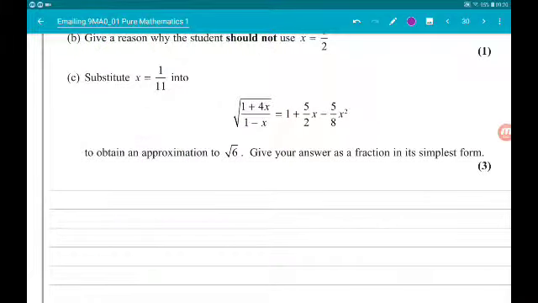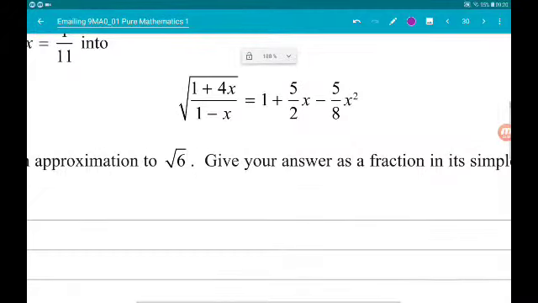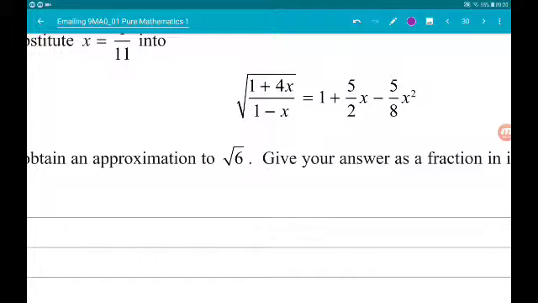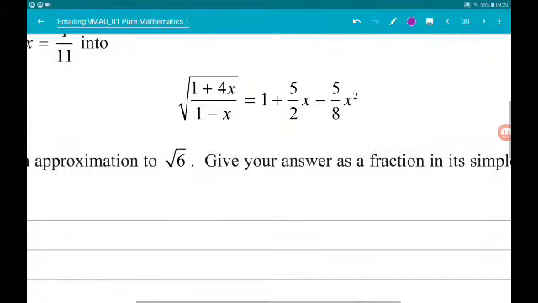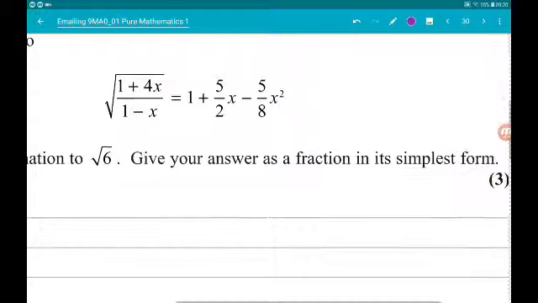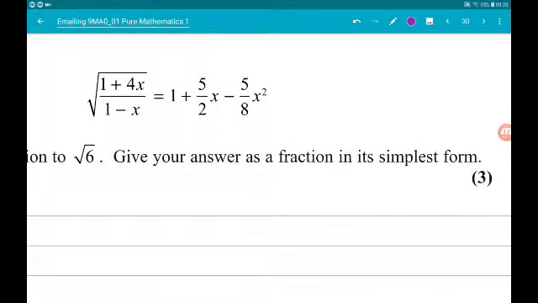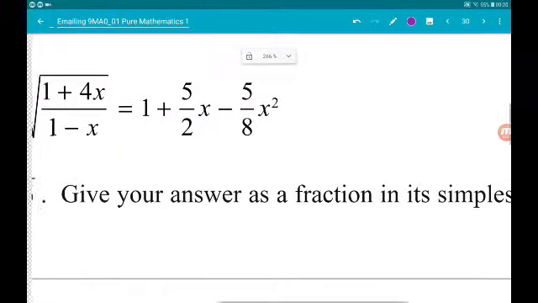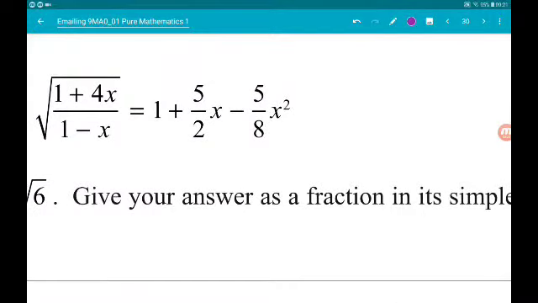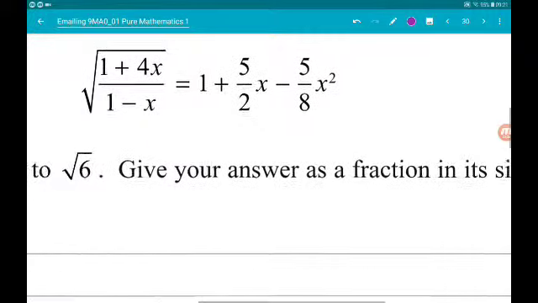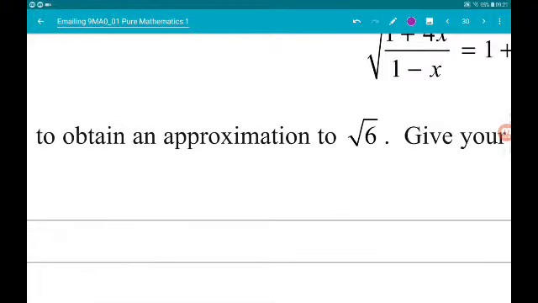Okay, then for part C, we are substituting in x equals 1/11 into our expansion to obtain an approximation for root 6. Give your answer as a fraction in its simplest form. So we are putting x equals 1/11 into this.